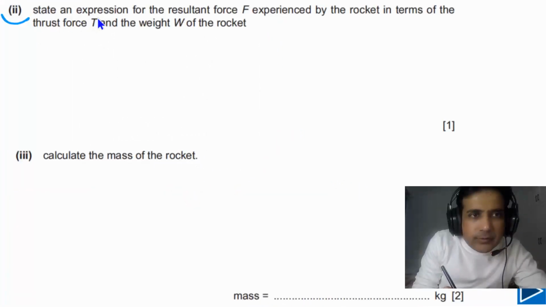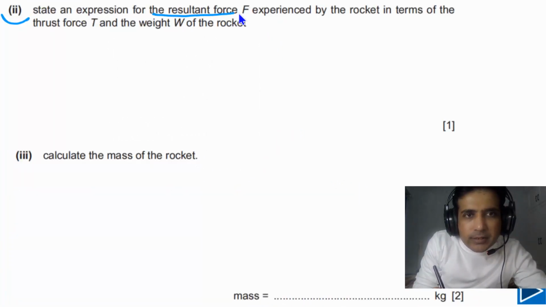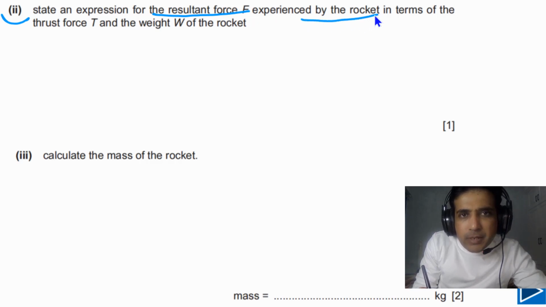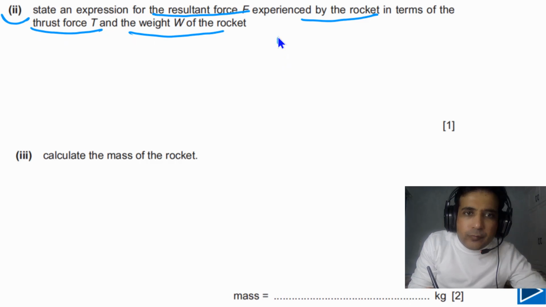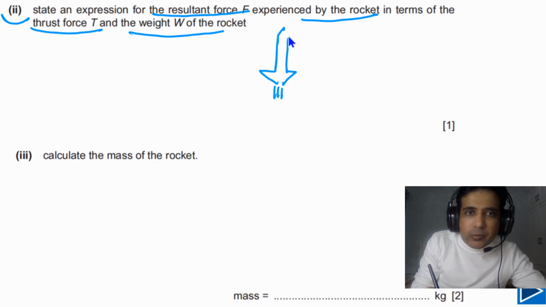For the second part, we need to state an expression for the resultant force F experienced by the rocket in terms of thrust force and weight of the rocket. First of all, let's sketch the shape of the rocket. Imagine this is the rocket, pushing gases downwards, and the rocket is moving vertically upwards.